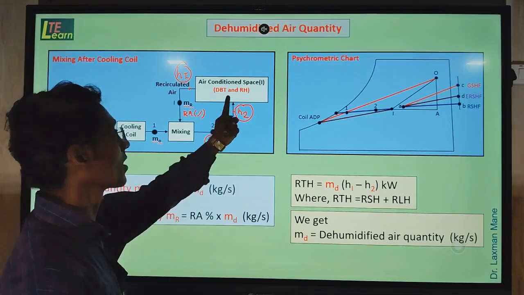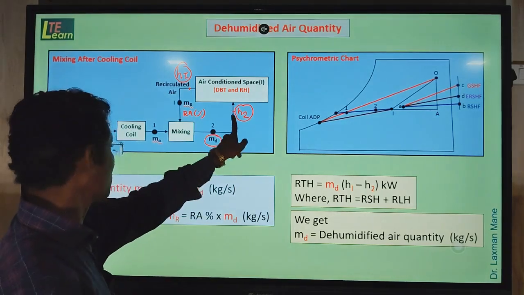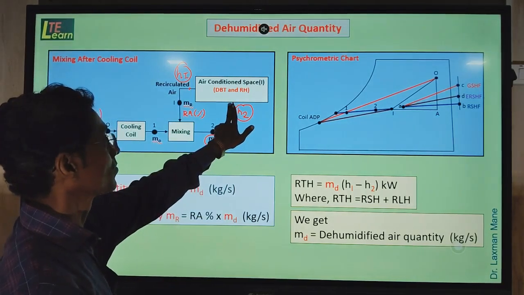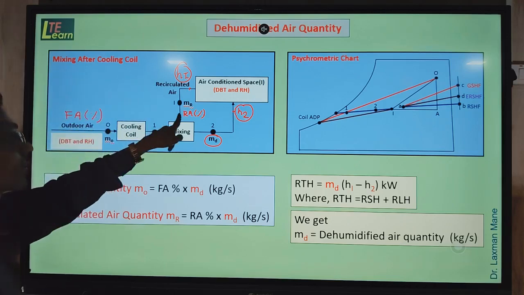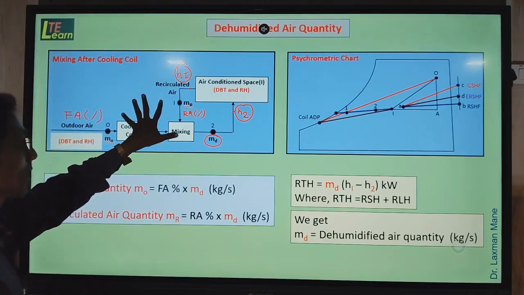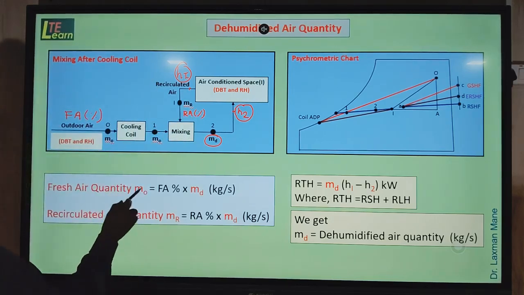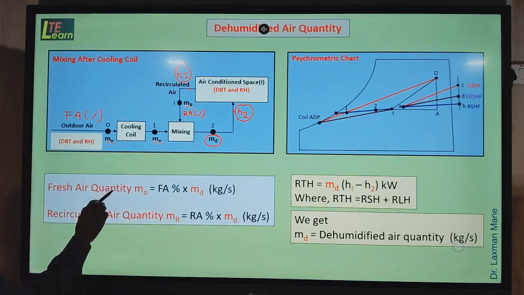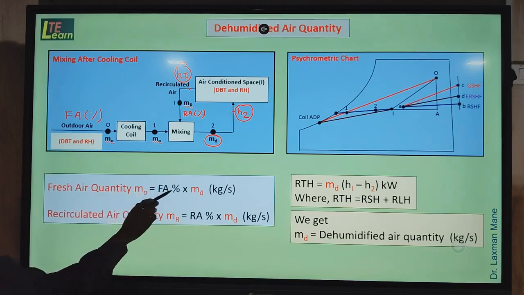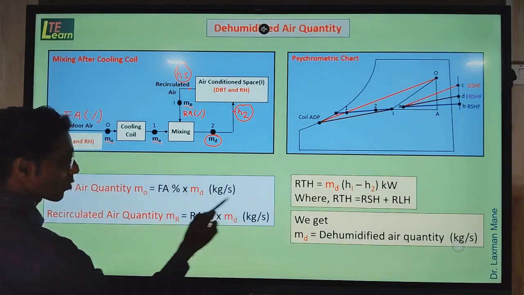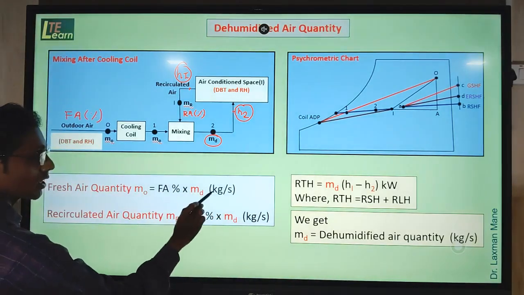This dehumidified air is the total air, and it has two parts: the fresh air percentage and the return air percentage in the data given. Using these percentages we can find the fresh air quantity, meaning mO, the outside air, by multiplying the fresh air percentage with the dehumidified air quantity in kilogram per second.